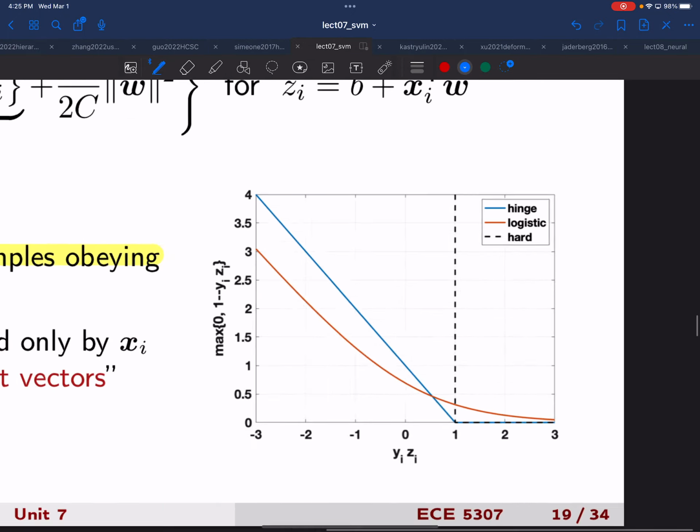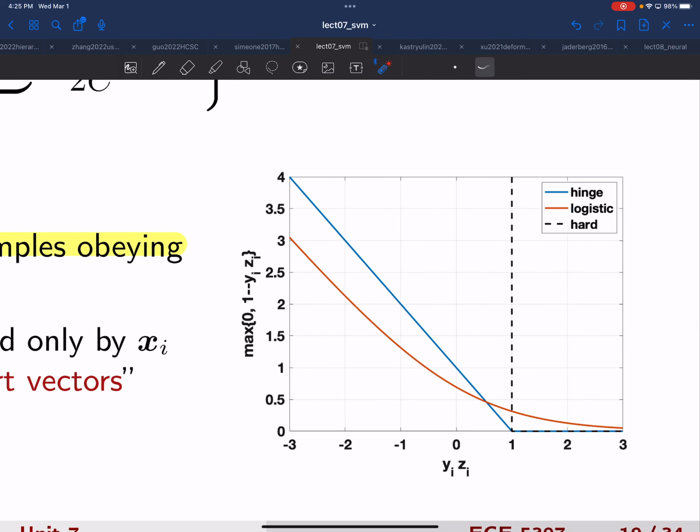So here's the picture we had with the hinge, like this. So a squared hinge would look like something like this. Okay, so it's quite a bit different than the hinge loss.